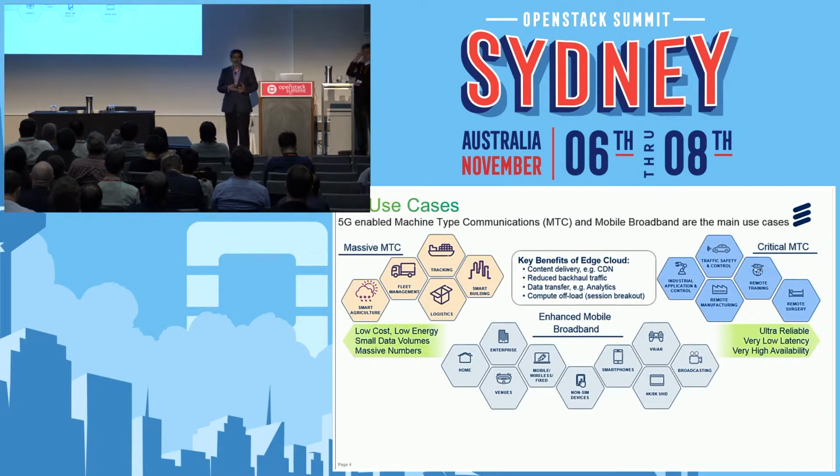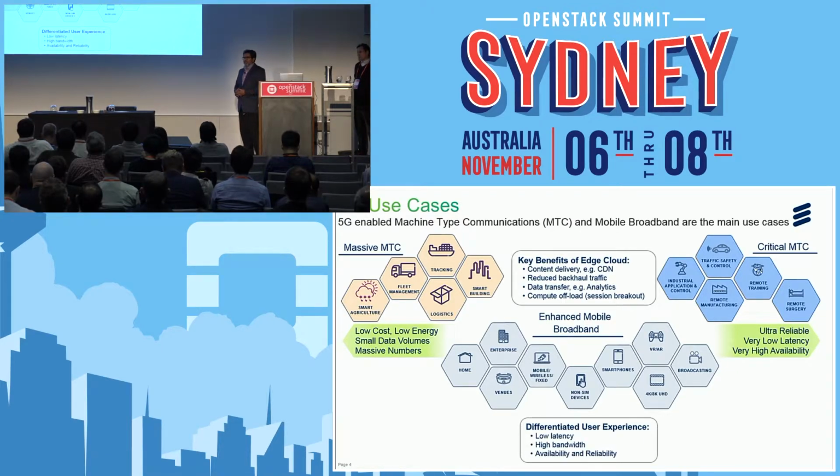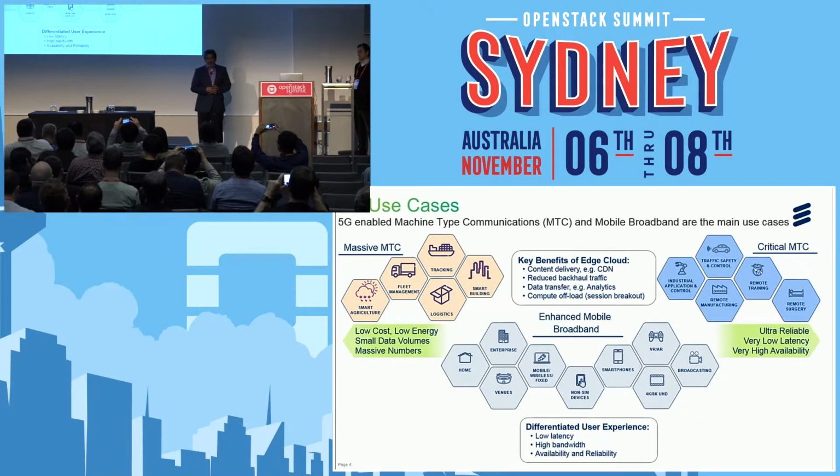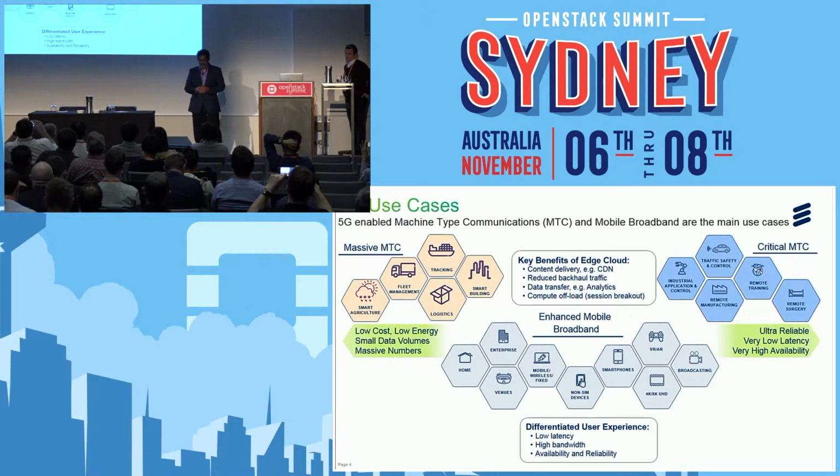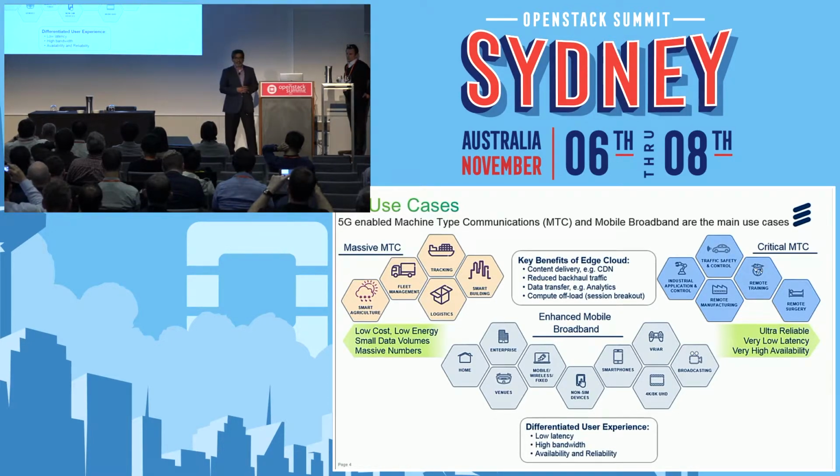We can also offload some of the compute, such as session breakout in 5G terminology. From a user experience perspective, we get an immediate low-latency experience in the AR/VR case, for example. Also in some remote medical use cases, high bandwidth as well as availability and reliability.